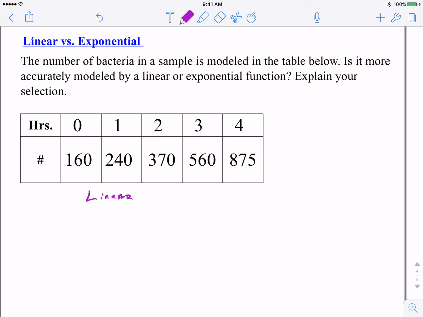Linear functions versus exponential functions. So with linear functions, what we started off the year with, what you've seen in years past, we're talking about lines that have a constant rate of change. I'm just going to use ROC for rate of change. In other words, they go up by the same amount.